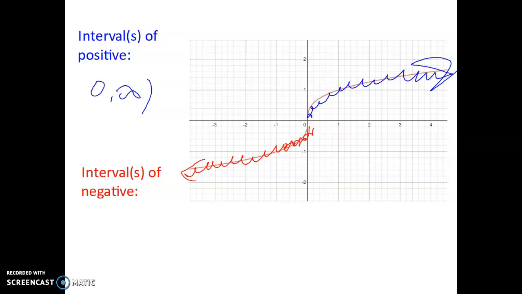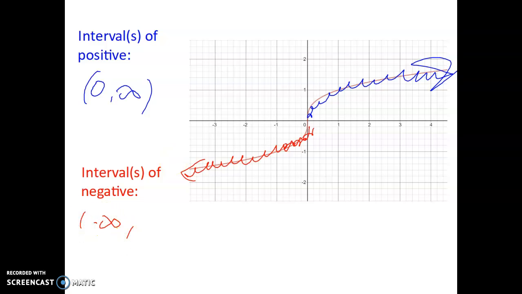Okay, so based on what we said for square root, should we include 0 or not include 0? Well, we're not going to include 0 because the y value of 0 is 0, which is neither positive nor negative. All right, let's do our negative interval. So the negative interval is here. Remember, our intervals are always based on our x values, and they always go from left to right. So the furthest left that this one goes, where it actually starts being negative, is negative infinity.